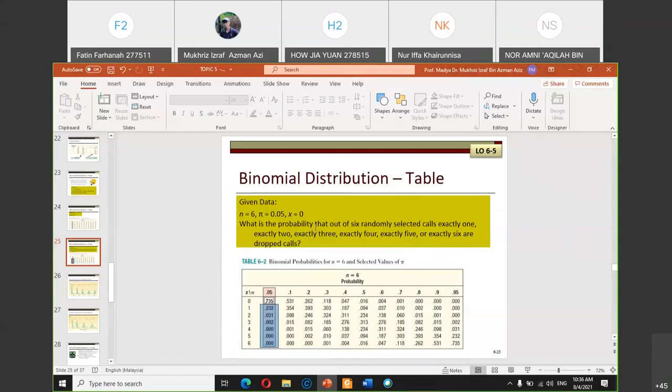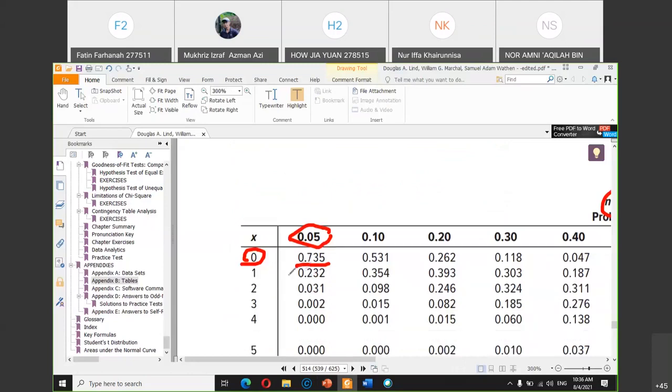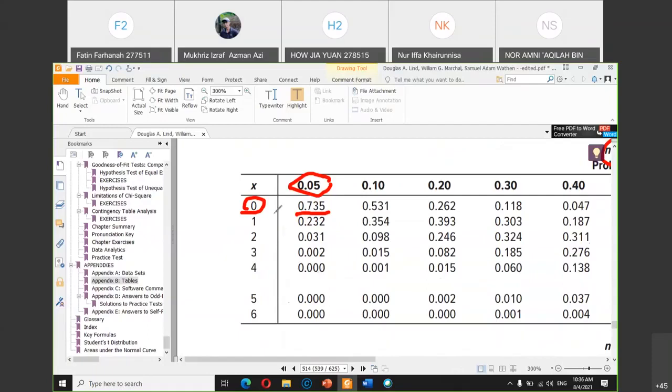Here is one additional part. What is the probability of exactly 1, 2, 3, 4, 5, or exactly 6? If you are given different questions, x equal to 0 is here, x equal to 1 is here, x equal to 2 is here, up to x equal to 6.